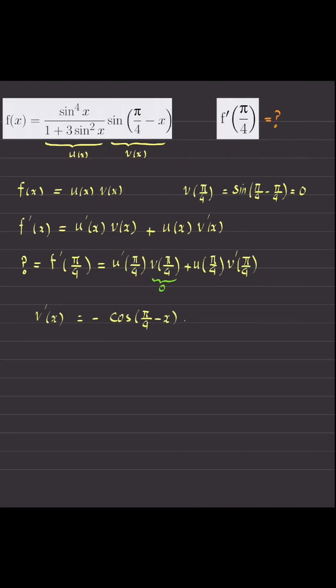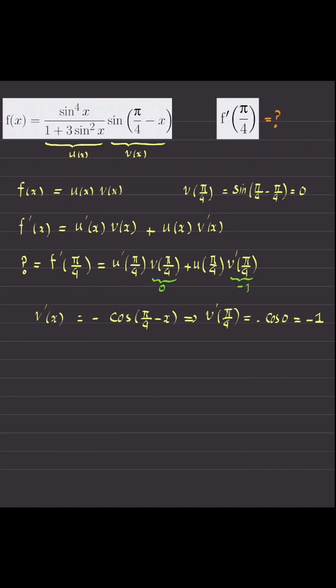Now if I ask you what is v prime of pi over 4, you just replace x with pi over 4. So it becomes minus cosine of pi over 4 minus pi over 4, which is 0. Cosine of 0 is 1. I have a negative sign there, so it becomes minus 1. So we realize that this part is just minus 1.